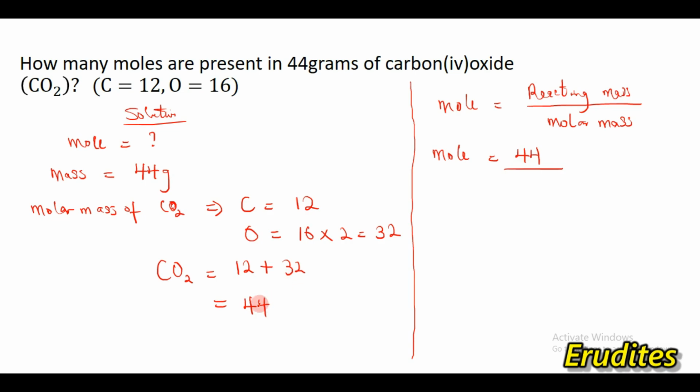The molar mass we've calculated here is 44. That's the relative molecular mass of carbon dioxide, 44. So 44 divided by 44 will give us 1. So the number of moles that are present in 44 grams of carbon dioxide is equal to 1 mole. This is our answer to this particular question.